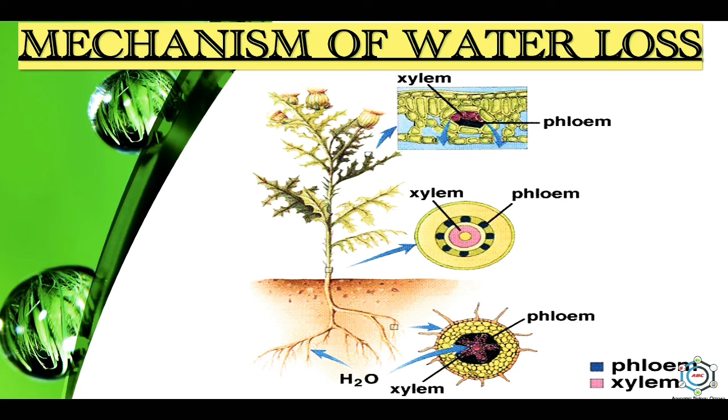During vaporization, the target cells of parenchyma lose water into the intercellular space. As a result, the intercellular space gets saturated with water vapors. The atmospheric air, on the other hand, is dry. The waxy cuticle on the leaf surface restricts the loss of water vapor.